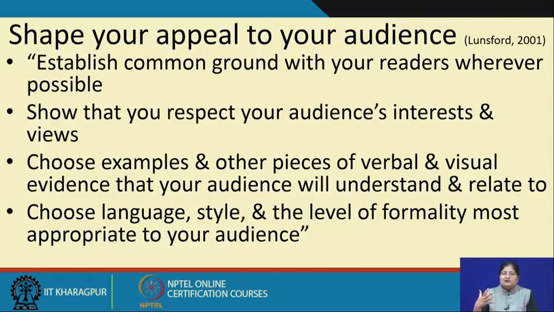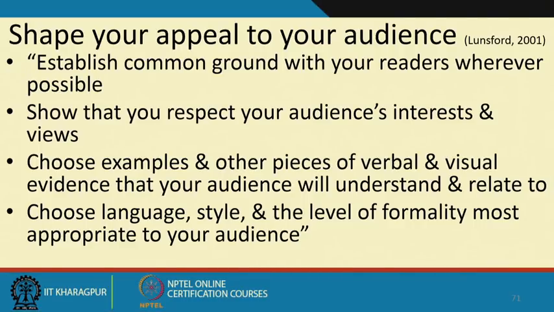Now, the readers of that particular journal are used to reading things in a certain way. So you choose the method, the format, the language, the style appropriate to your audience, which means appropriate to the needs of that particular journal, or appropriate to the needs of the people who might be reading it. You cannot take an article that you would write for a magazine, and it will not be accepted by a journal.